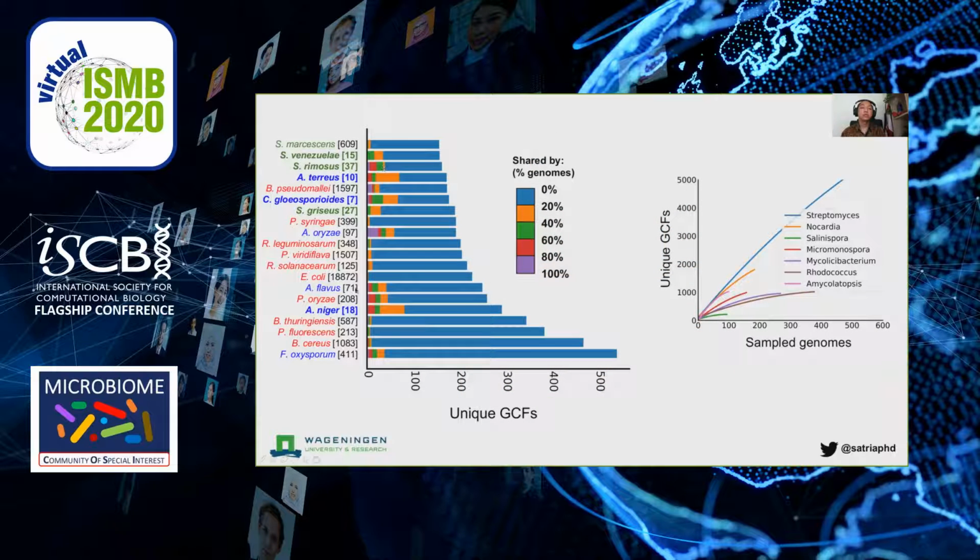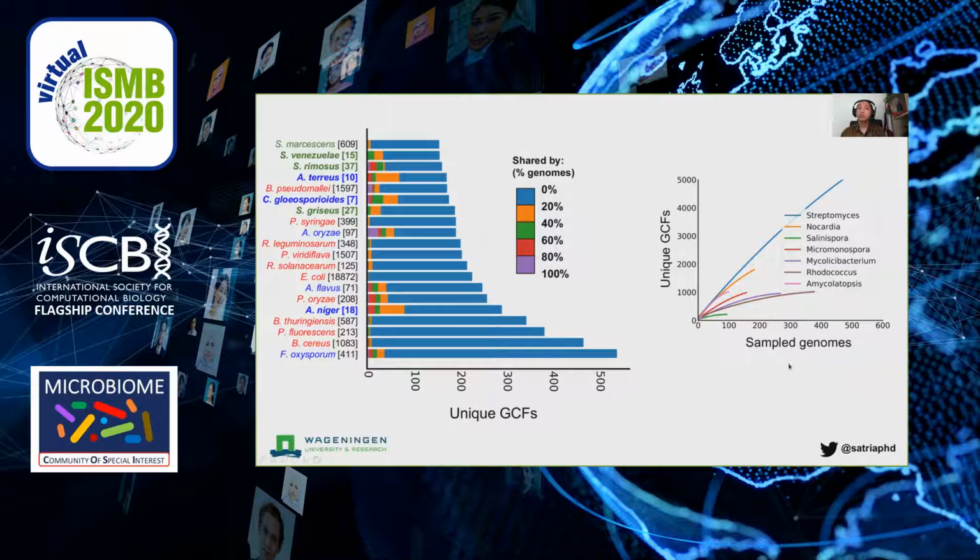And you can also use this result to see the most productive species and genera in terms of the unique BGCs and secondary metabolites that they can produce. Here you can see that aside from the frequently sequenced pathogenic bacteria and fungi, you also see the classic secondary metabolite producing species like Streptomyces.